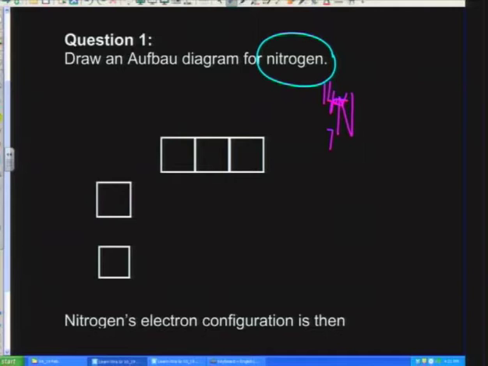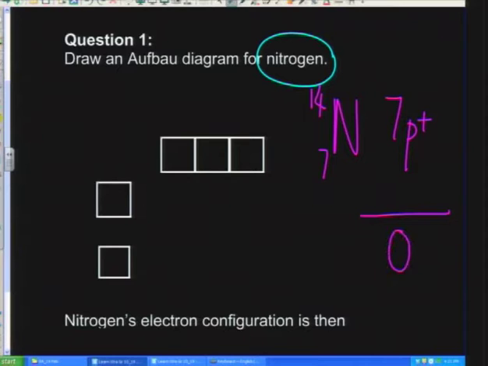Let's write that again. Nitrogen 7, 14. 7 stands for 7 protons, and for this thing to be overall neutral, it must have 7 electrons as well. Now, if we've been asked to draw these 7 electrons, let's go to an Aufbau diagram and write them in.